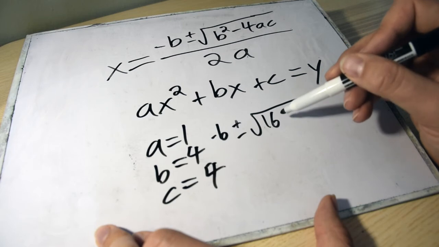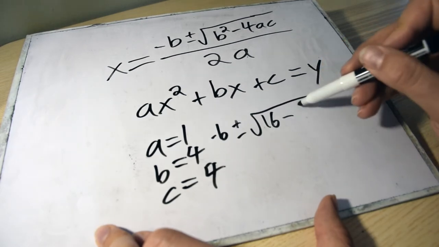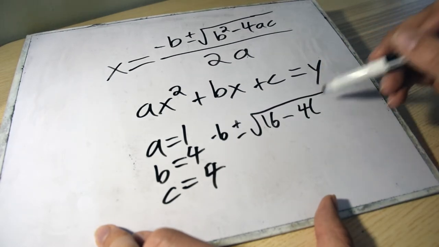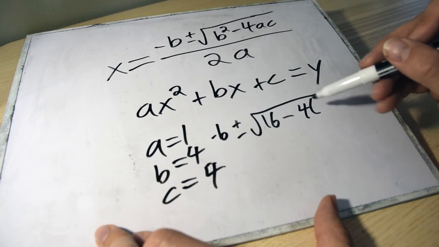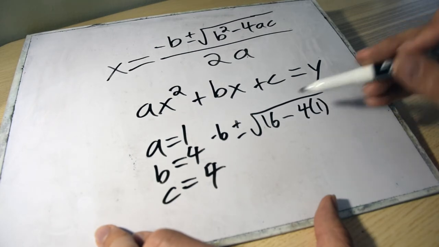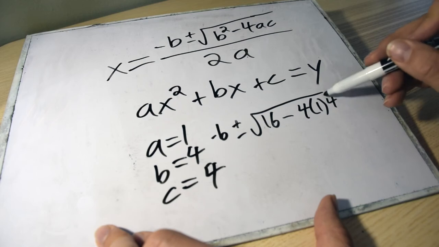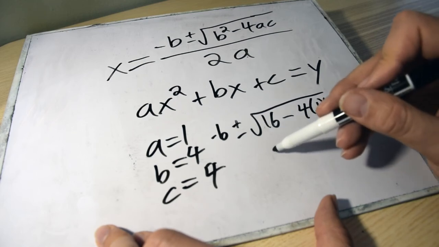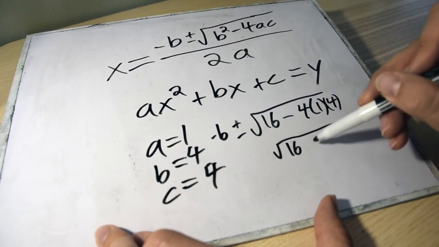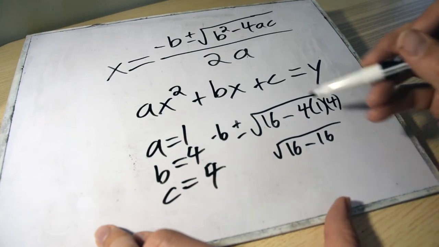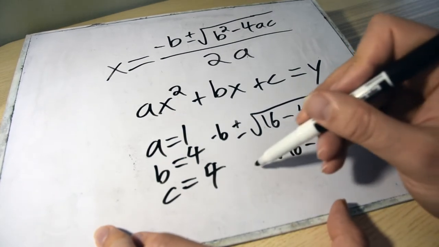B squared is 16 minus 4 times a, a is 1, times c is 4. And you see what I did here. The square root is 16 minus 16, which is 0.